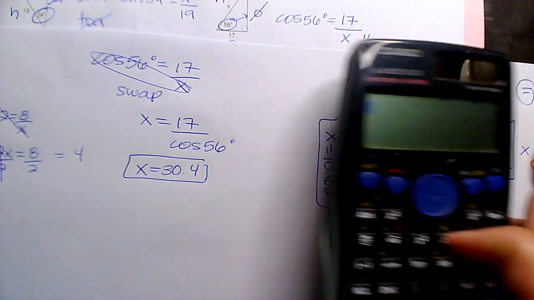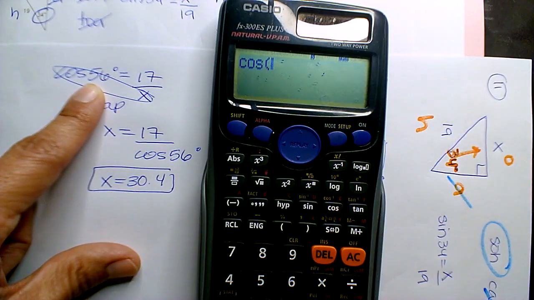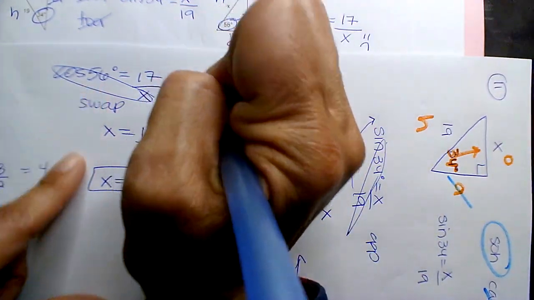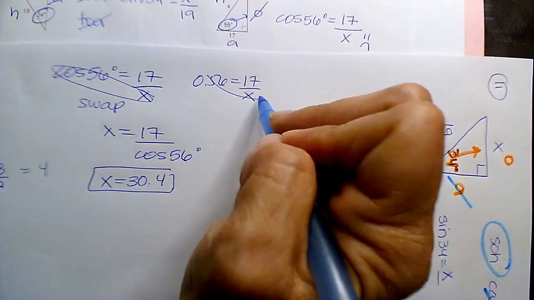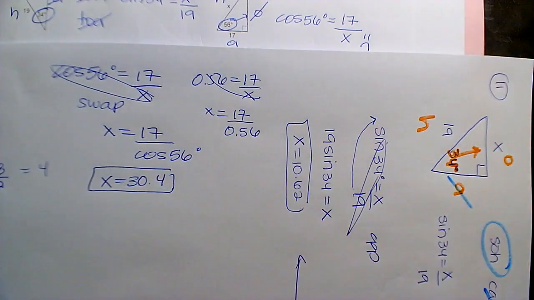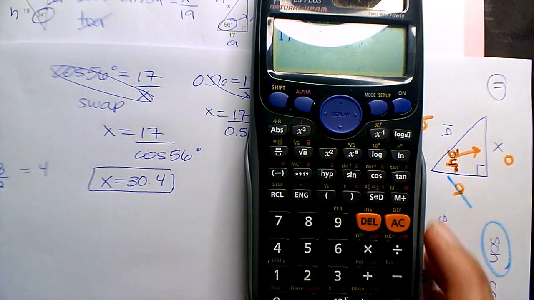And so if you want to do it in parts, if you would rather take the cosine of 56 and get 0.56, and then you guys are like, okay, now I'm going to go ahead and swap it. If that makes you feel better, by all means, what's 17 divided by 56 hundredths?